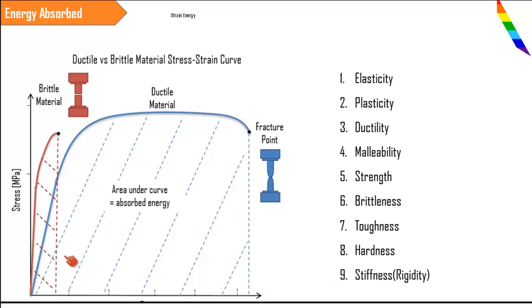One is the total energy absorbed, and another one is the energy absorbed within the elastic limit. Suppose you consider this as the elastic limit, and if you draw a line here and take the area under this particular portion, the energy absorbed till the elastic limit is called the modulus of resilience. So that is also another important parameter which I have not mentioned here. So kindly make a note of that.